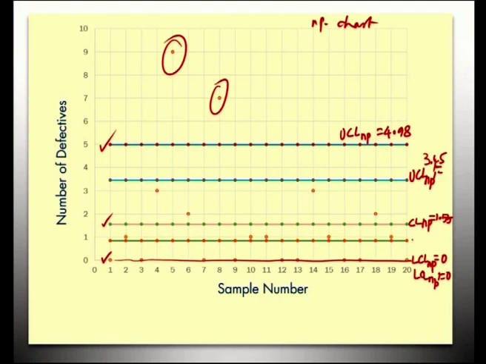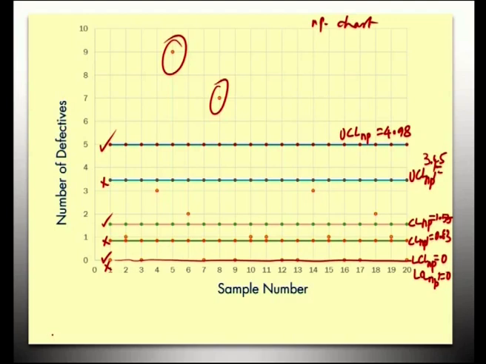And revised CL is 0.83, this one. Okay. I will just put an asterisk for the revised lines.